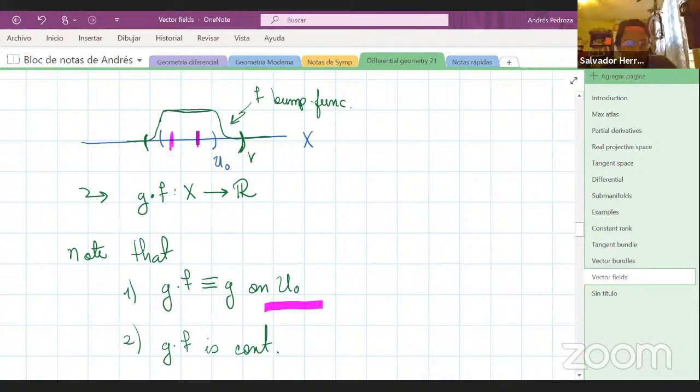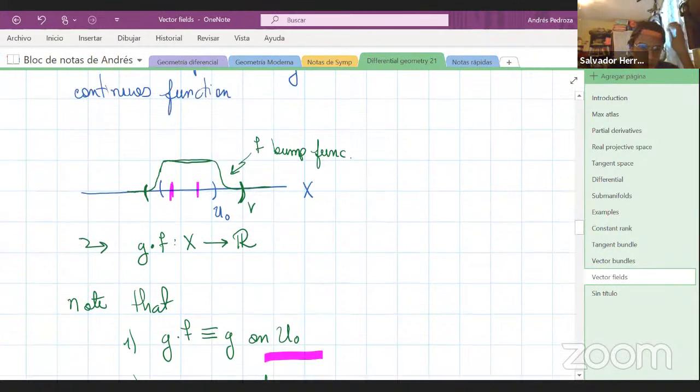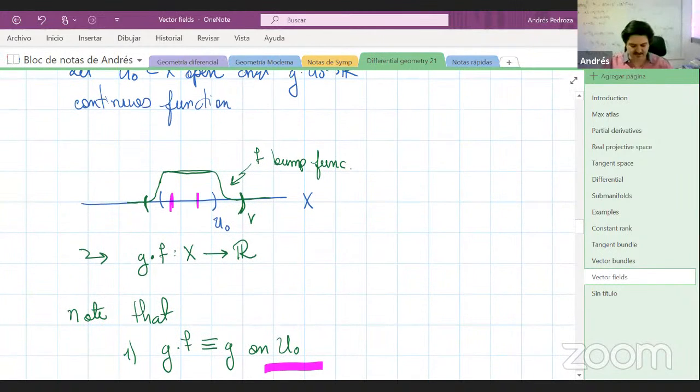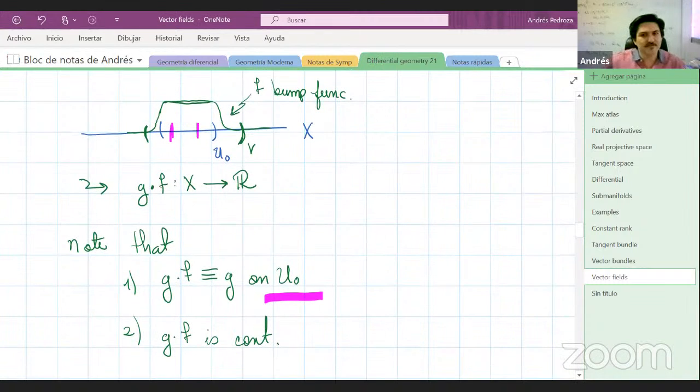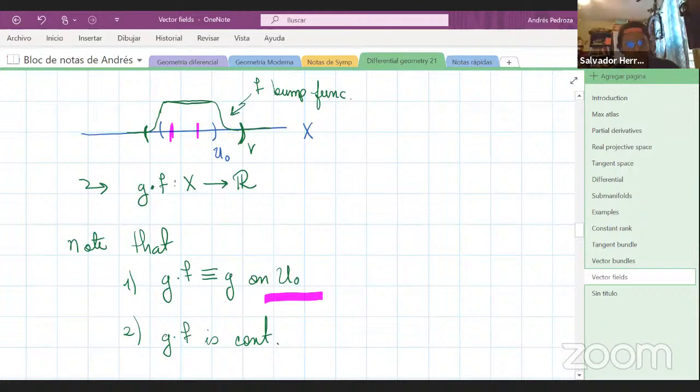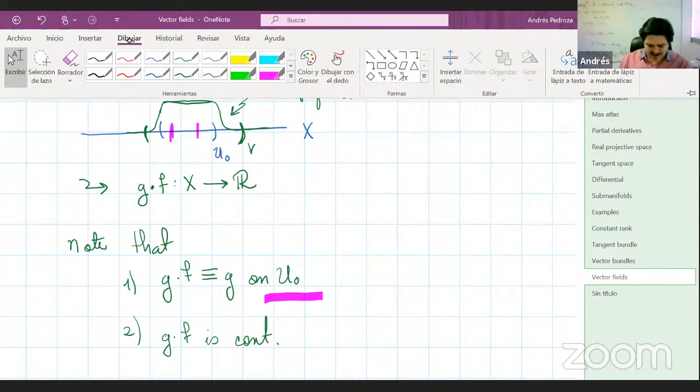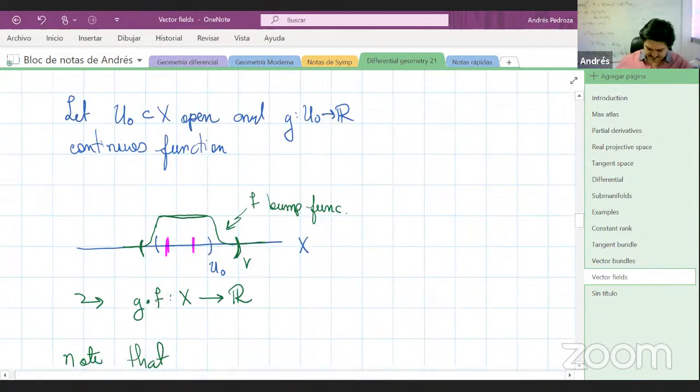Yeah, this G is the one that is defined in the chart, right? That will be the one in the chart. Yeah, no, you know, this is incorrect. Let's do it like this, and then everything will be more obvious.